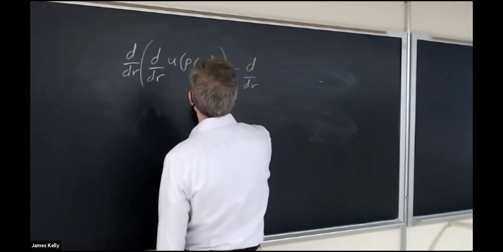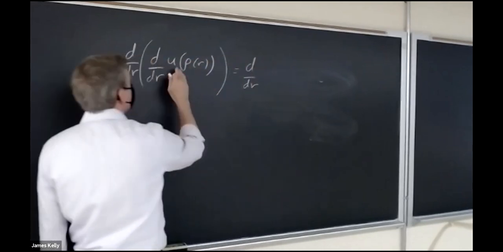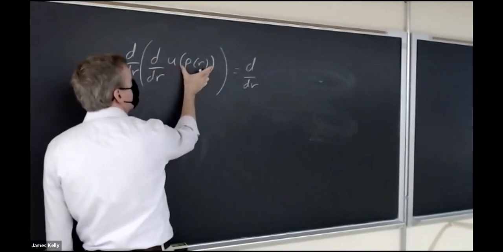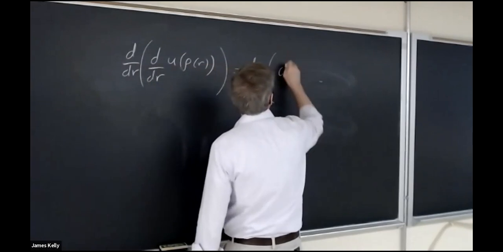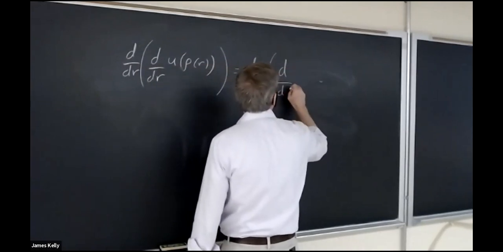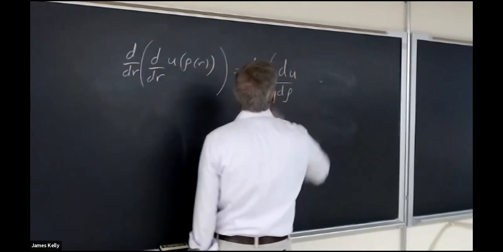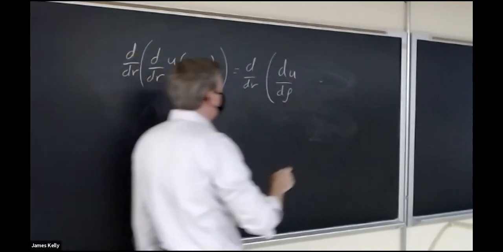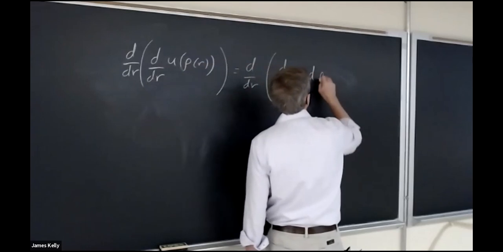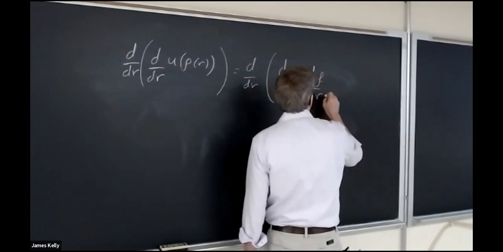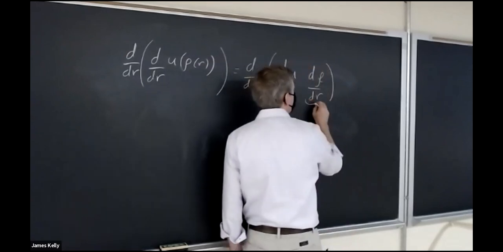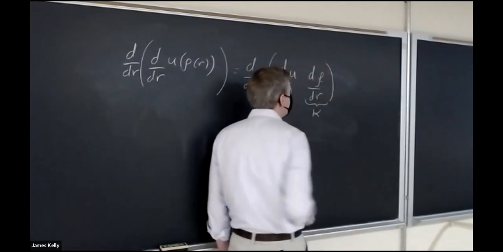On this inner one, what I do is first take the derivative of this function with respect to this thing, which is rho. The derivative with respect to rho of u, multiplied by the derivative of rho with respect to r, which in this case, rho is kappa r, so the derivative of rho with respect to r is kappa.